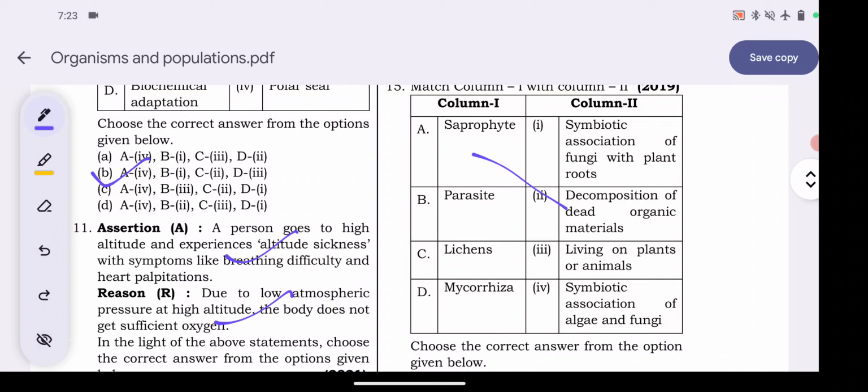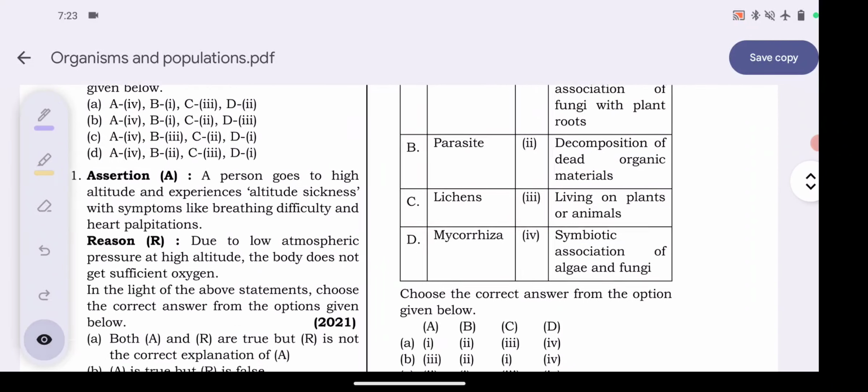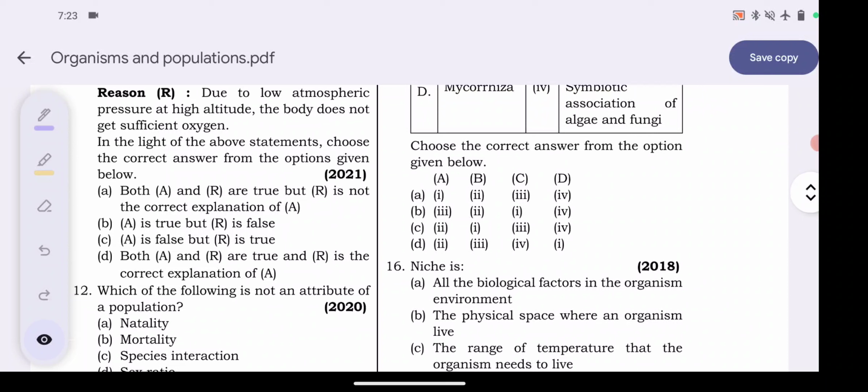Parasites live on plants or animals. Lichens are a symbiotic association of algae and fungus. Mycorrhiza is the symbiotic association of fungus with higher plant roots. So according to this, second, third, fourth, first. Option D is your answer.